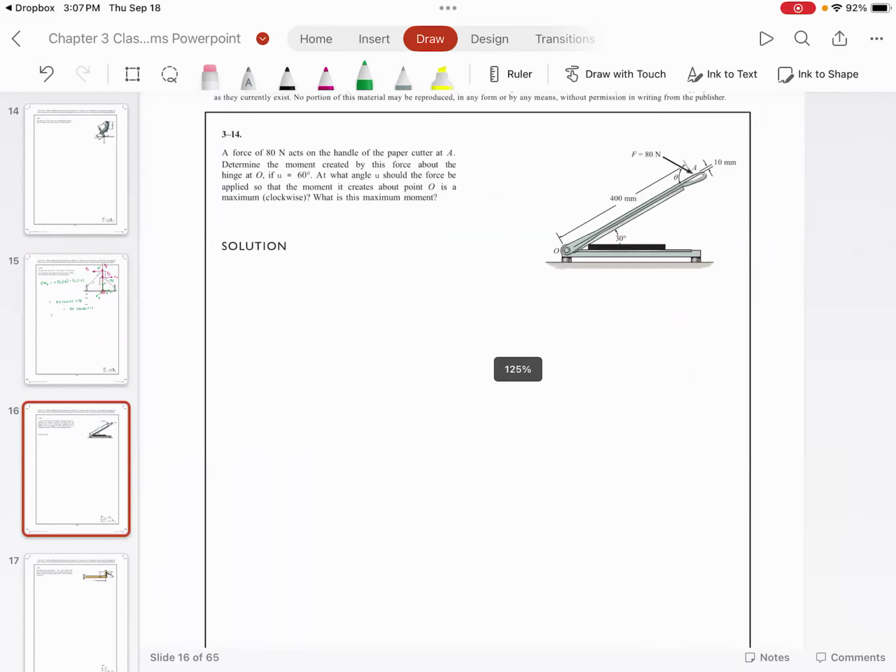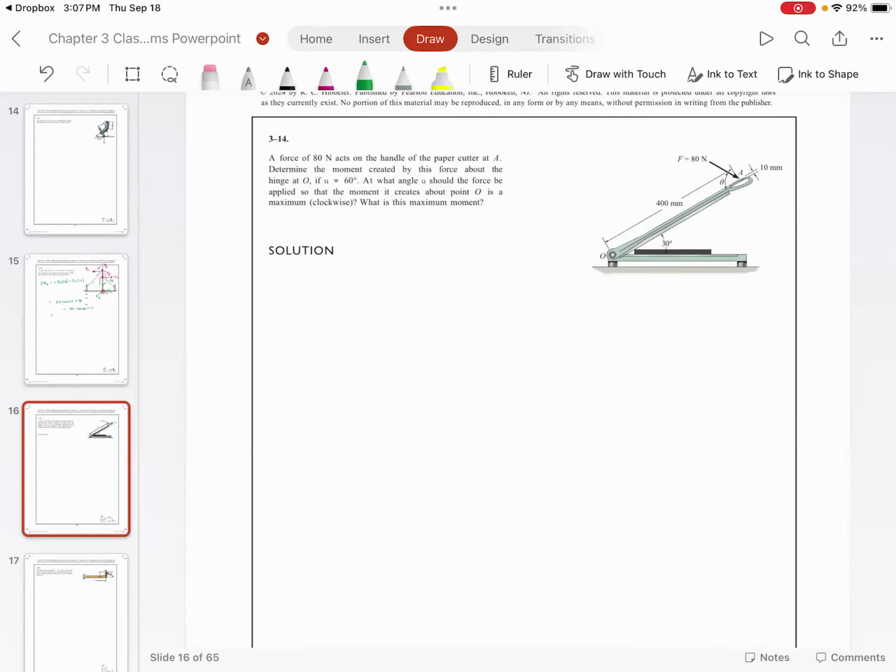Now this question is again similar. You have the force and you need to find out the moment given by this force. Now the way to solve this problem is, you have this 80 Newton. You need to resolve 80 Newton perpendicular and parallel.